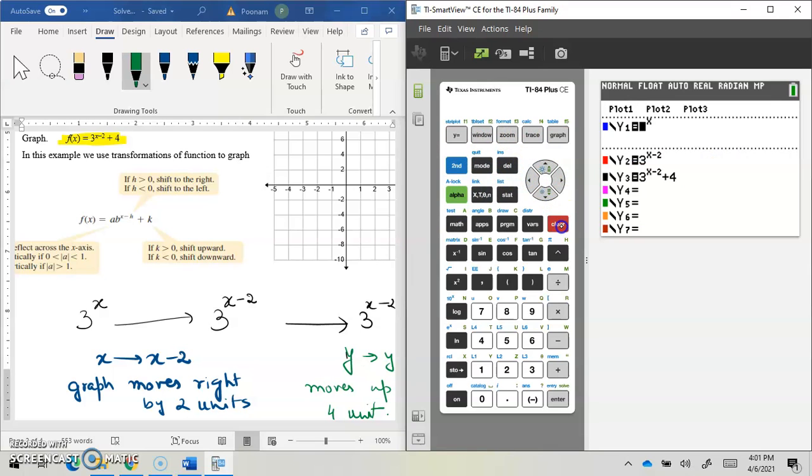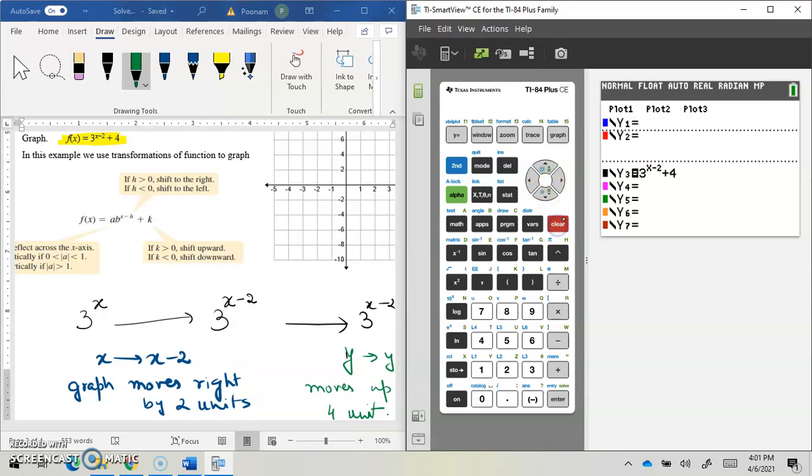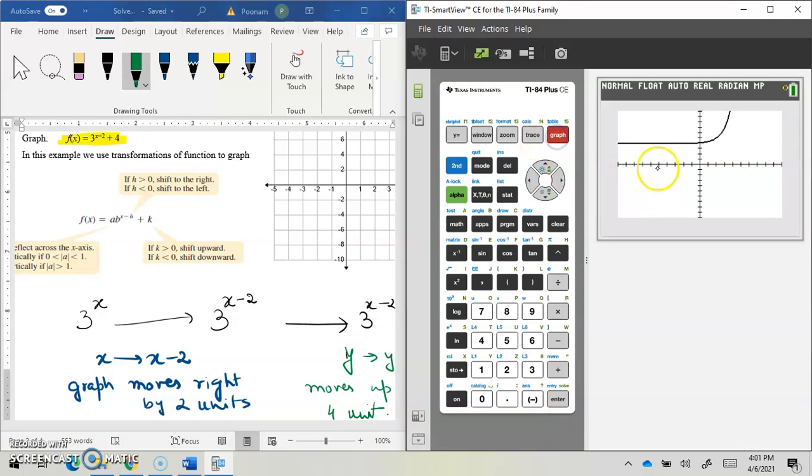So for the final graph, you can clear, I just want to see the transformations, but basically what you have to answer is only this black graph. A graph passing through 0, 4, and as x approaches negative infinity, the graph approaches 4, and as x approaches infinity, the graph approaches infinity again.